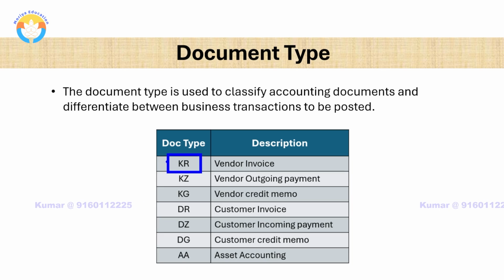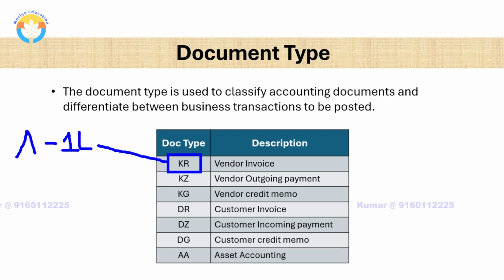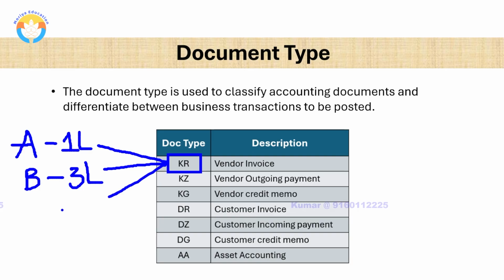For example, today, on the 21st morning, I purchased 1 lakh worth of goods from vendor A. That vendor name is A. Supplier or vendor, both are the same. And again in the afternoon, I purchased 3 lakhs from vendor B. And again in the evening, I purchased 5 lakhs worth of goods from vendor C. So at this time, how many document types are produced?